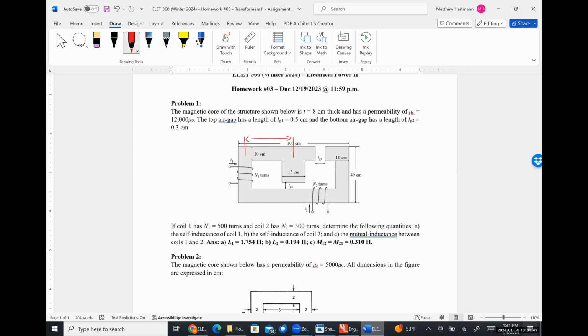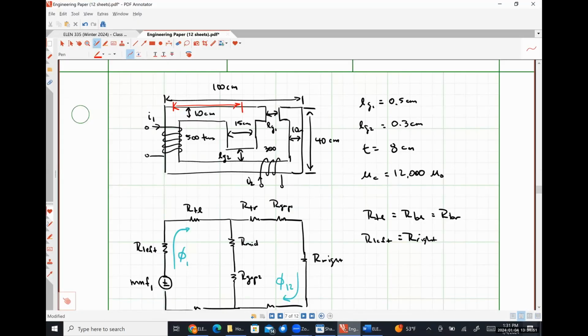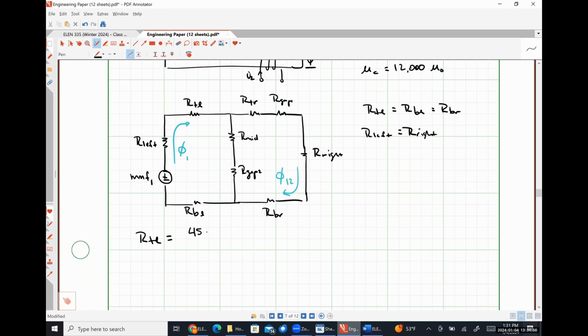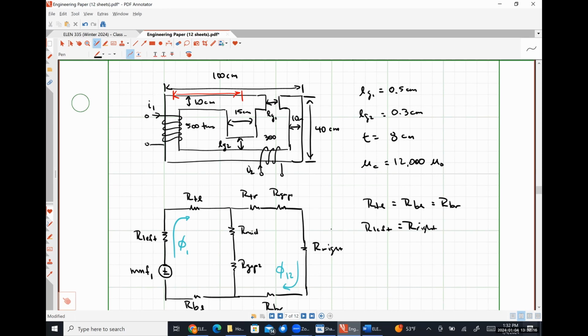Yeah, 50 is half of the total length minus half of the width of the left leg. So 50 minus 5 is 45. Then we'll have 12,000 times 4 pi times 10 to the minus 9 henry per centimeter. Our area is going to be 10 by 8.